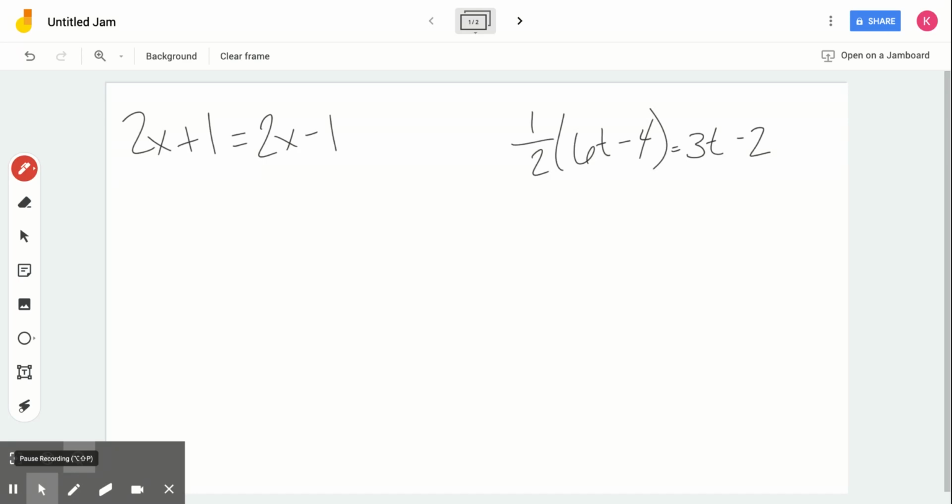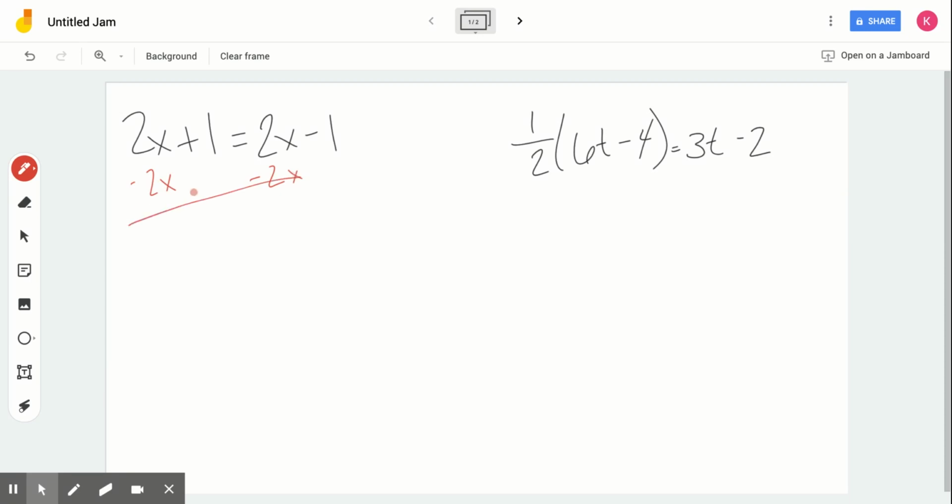All right, now we're going to go ahead and take a look at numbers 4 through 7 here on this page. So starting with number 4 here, we are going to simply try to solve for the variable. There are several ways that we could do this. The first thing we might want to do is we could subtract 2x from each side. This is a positive 2x, so the opposite would be to subtract 2x.